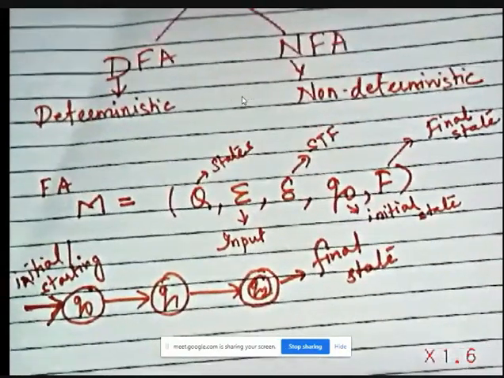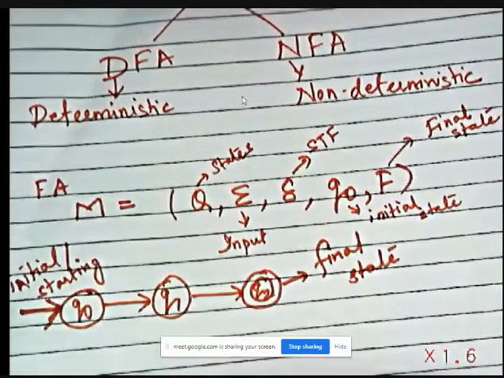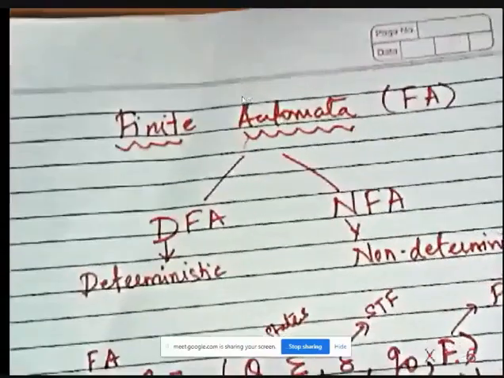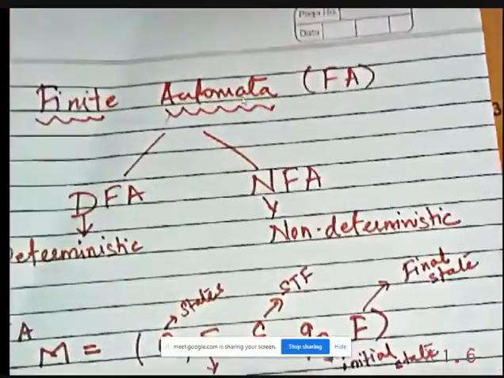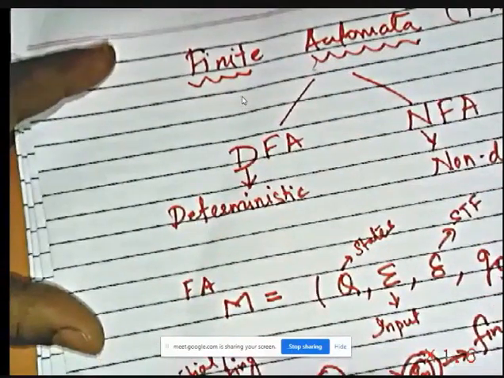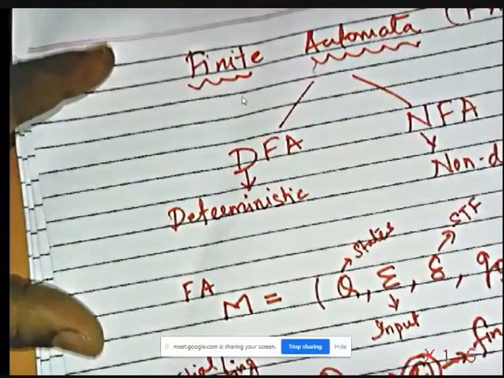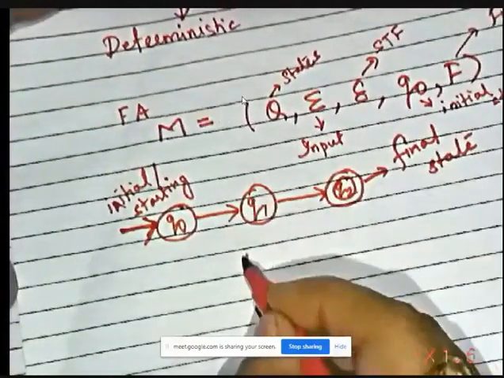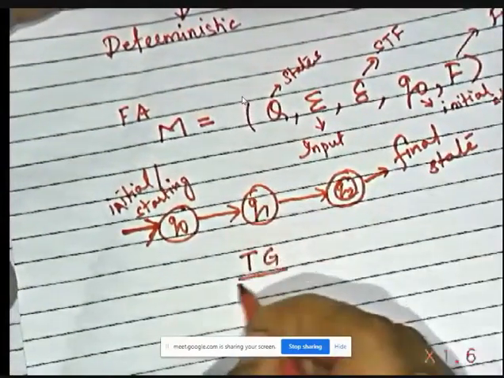Now we will try to discuss this finite automata in detail. When we say that finite automata are of two types, what exactly does this mean? As we have discussed the finite state machine, the finite automata is represented by a transition graph.